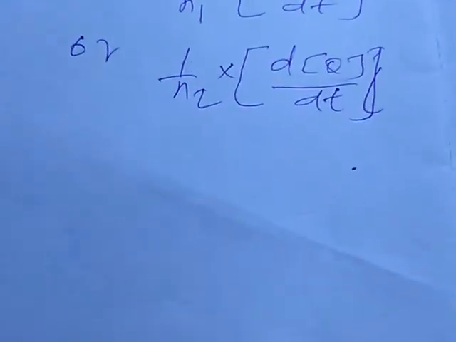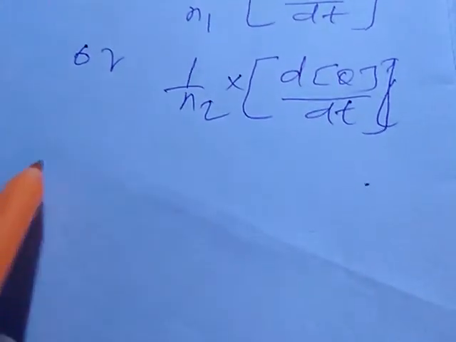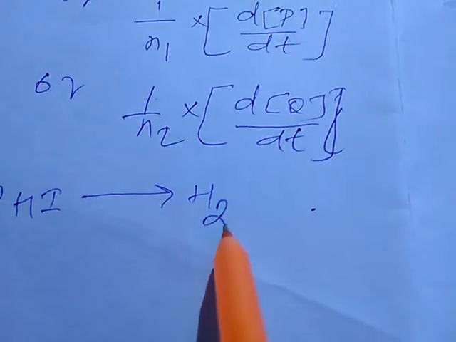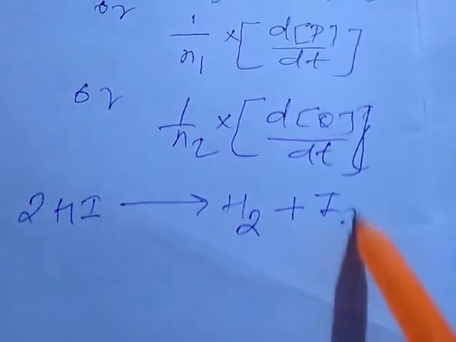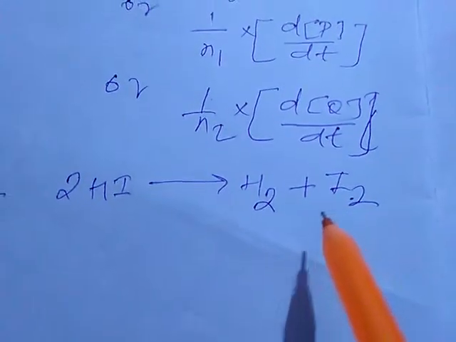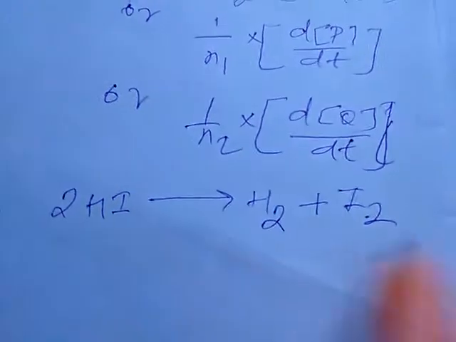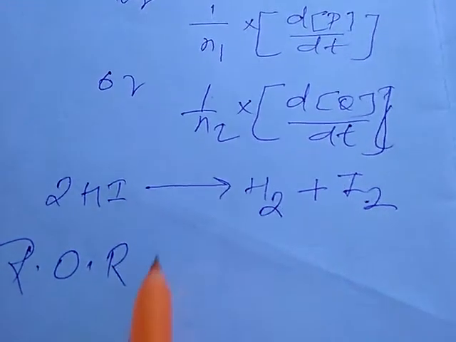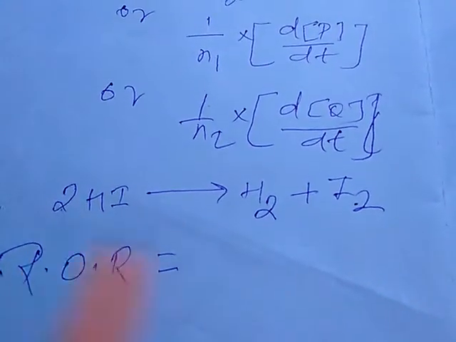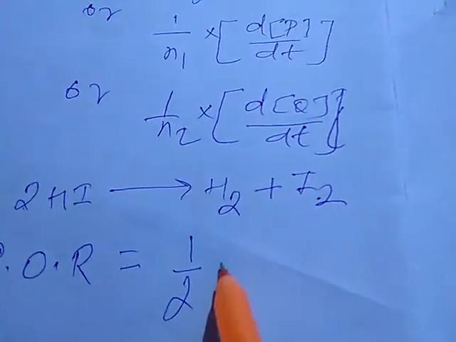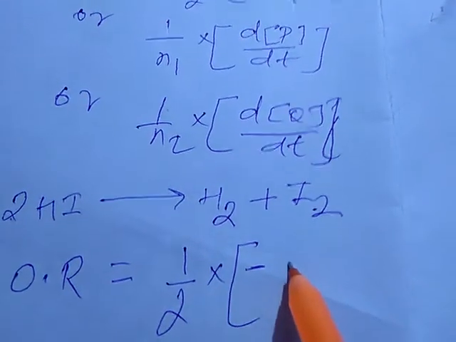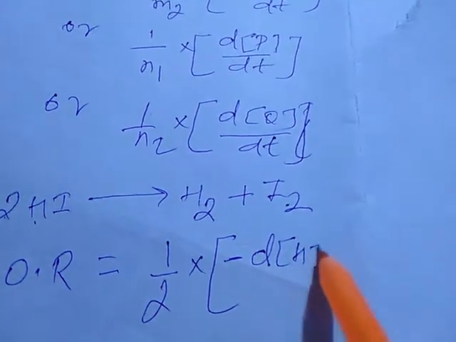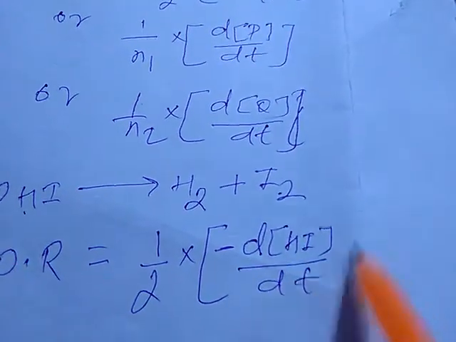Let's take one example for this, a chemical reaction: 2HI, hydrogen iodide, splitting into H2 plus I2. We have to write the rate of the reaction. Taking the stoichiometry, rate of reaction is equal to 1 by 2 into minus d concentration of HI by dt.